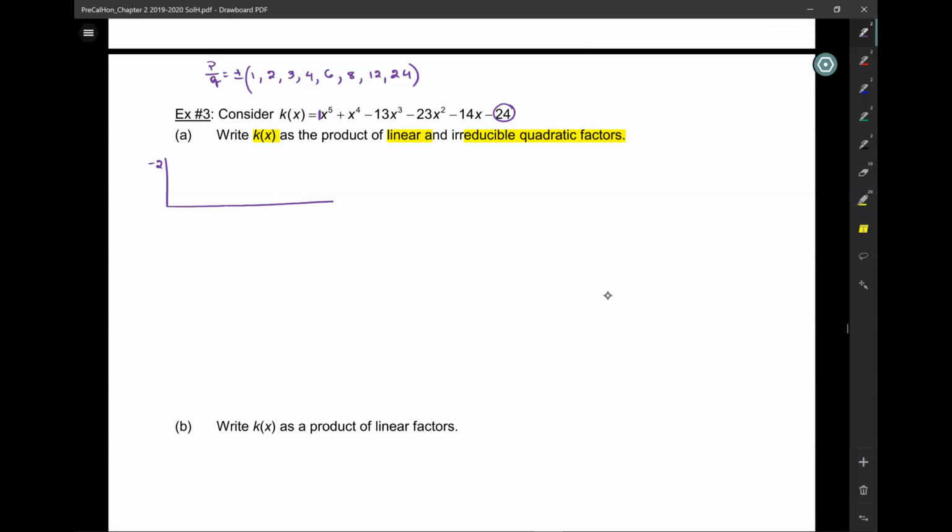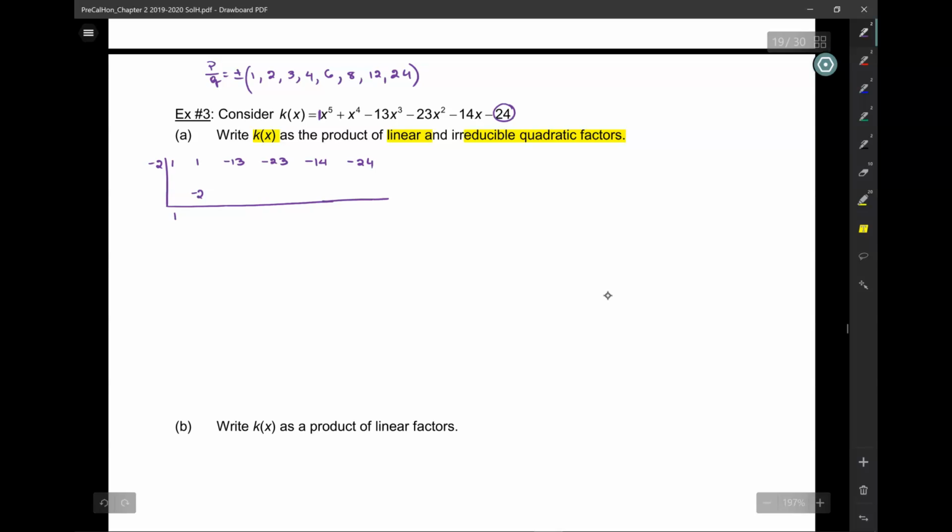Okay, let's see the exponents here: 5, 4, 3, 2, 1, 0. So 1, 1, -13, -23, -14, -24. Okay, 1 comes down. I picked a random number.